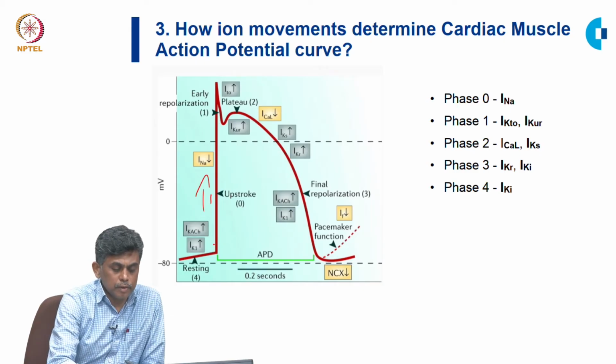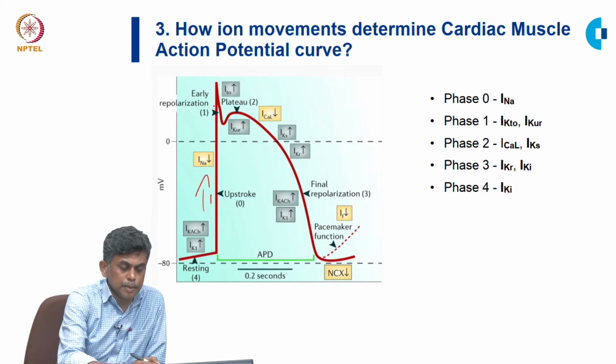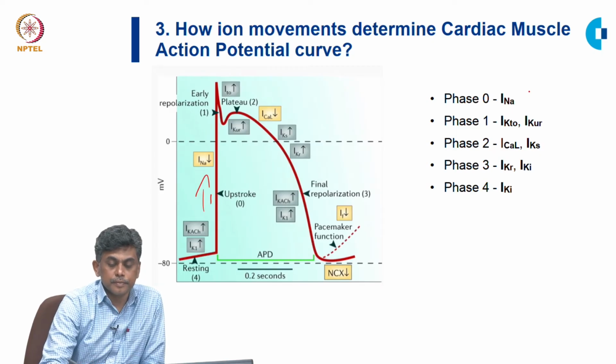The phase 0, which is the rapid upstroke, which is called the depolarization, starts from the resting membrane potential of around -90 and ascends up after it reaches a threshold, goes above 0, that is because of the sodium channel.